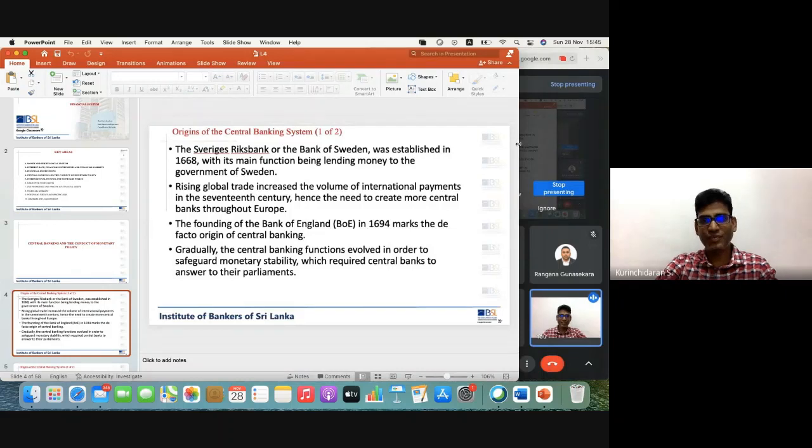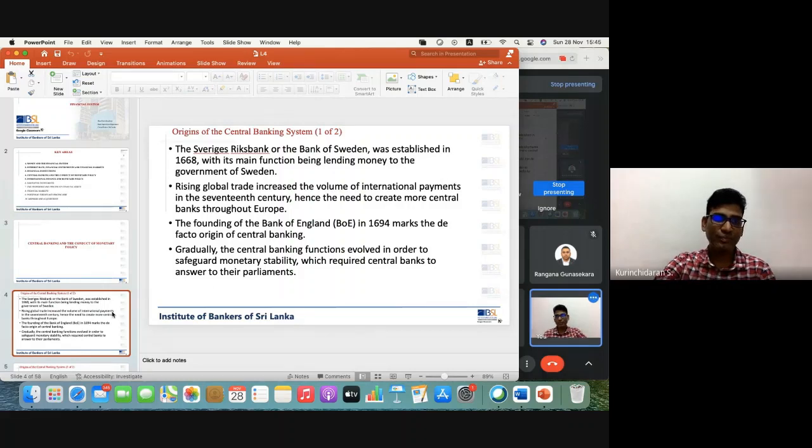And then the fully fledged central bank was established by the Bank of England in 1694. So that is the very first fully fledged central bank. But anyway, history started with the Riksbank in Sweden, right?